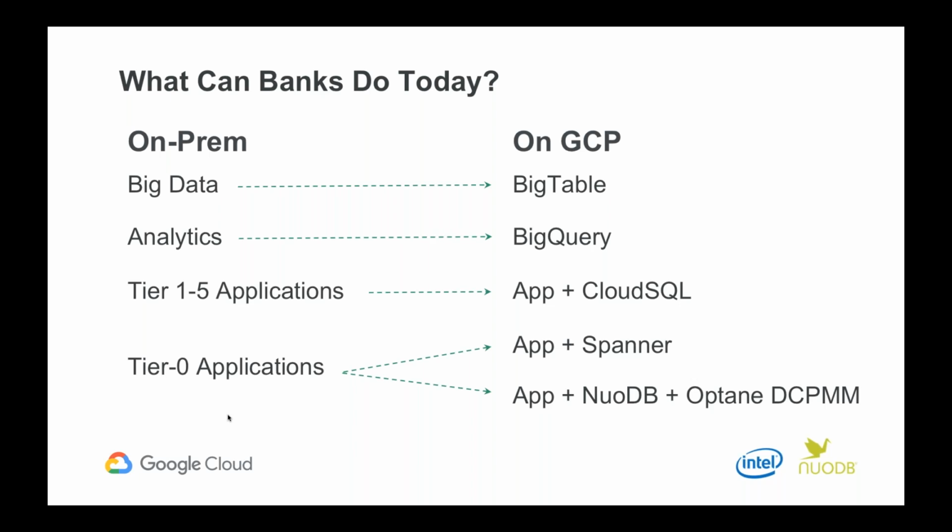So in the context of tier 0 applications, which are, as we said, the most important ones, there are several possibilities in terms of technology for online transaction processing that can be used. And specifically in the case of Google Cloud, there is a native distributed database that Google provides called Spanner, right? An alternative to that is the combination of technology that we're talking about here, which is NuoDB, Optane, and Google infrastructure for building applications, used as an alternative stack, if you will.